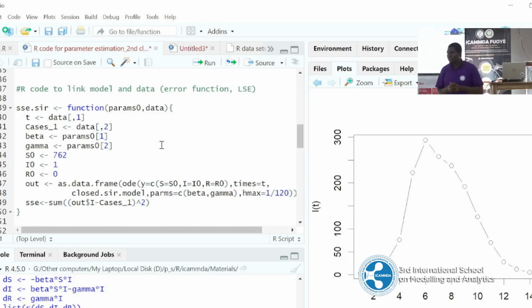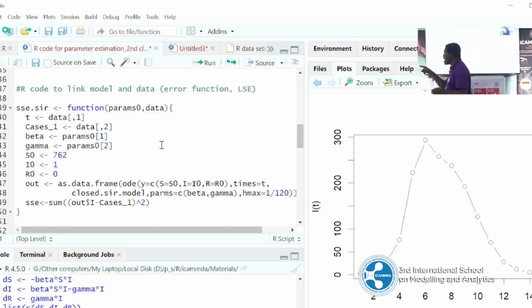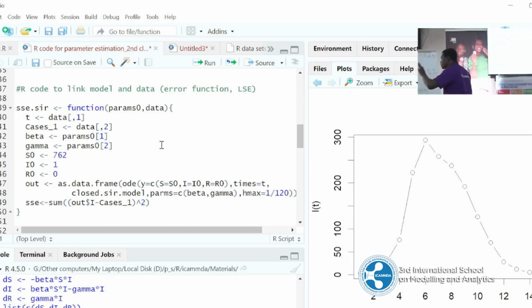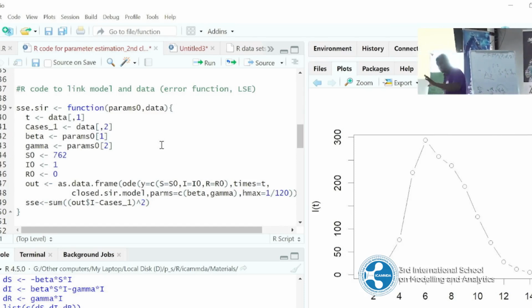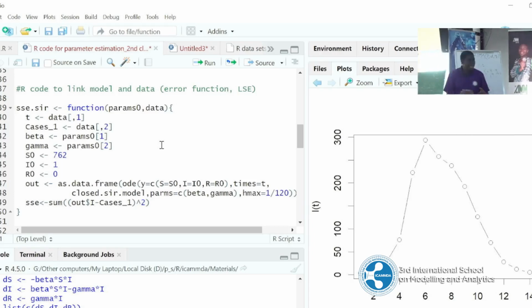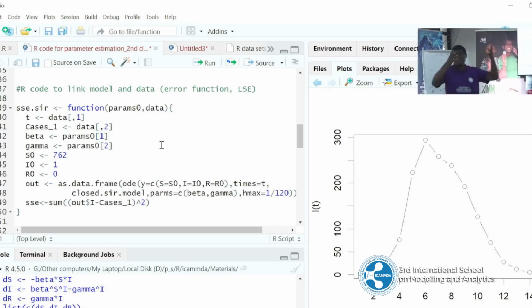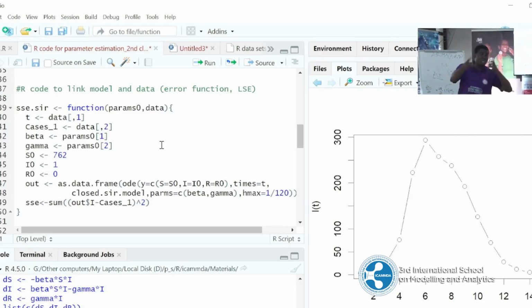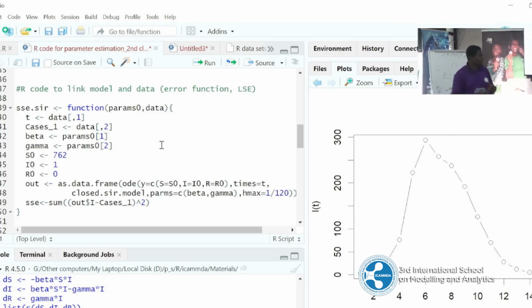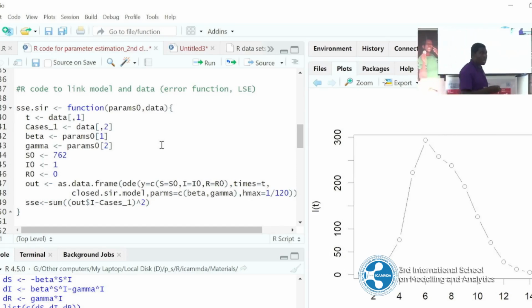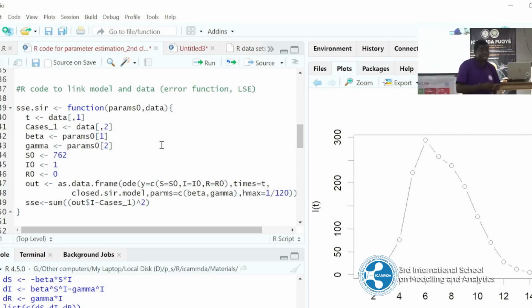Are we together? I said for your SIR model, I is prevalence. What does I stand for? Prevalence. Is that okay? From that same SIR model, we can also extract other things. We can extract incidence as well, which will be the part that flows into I, the inflow.